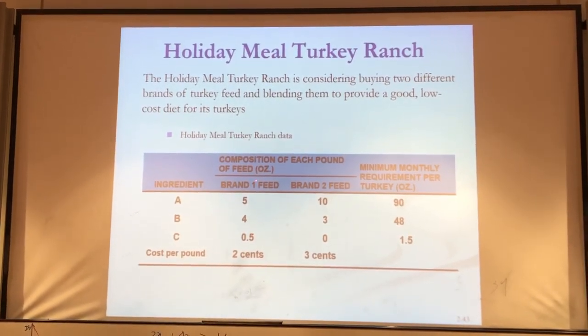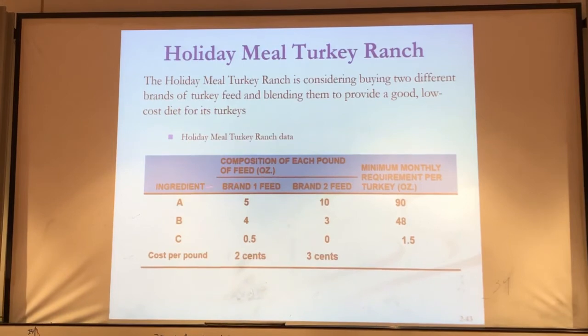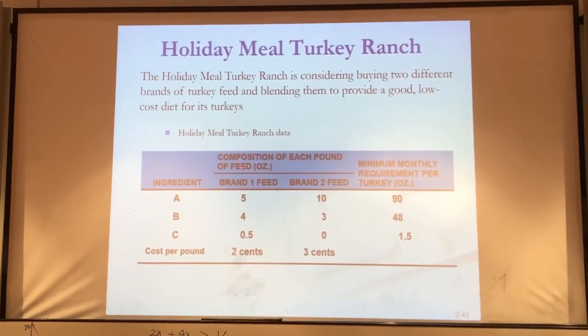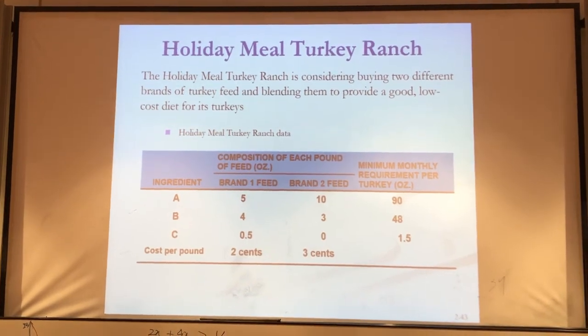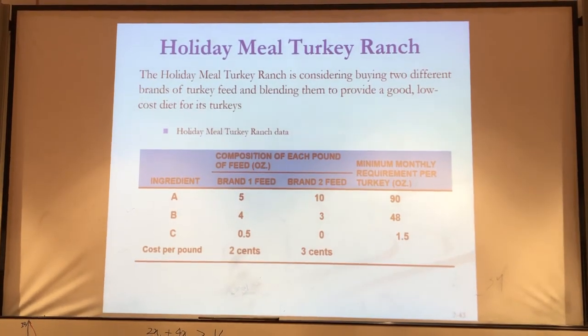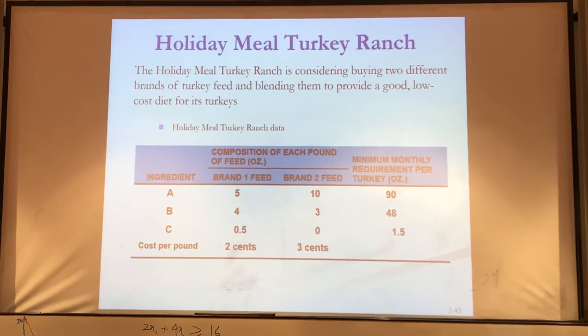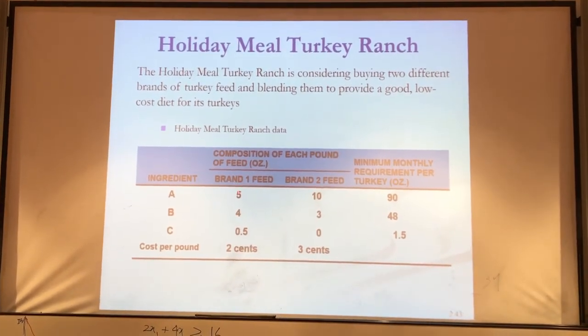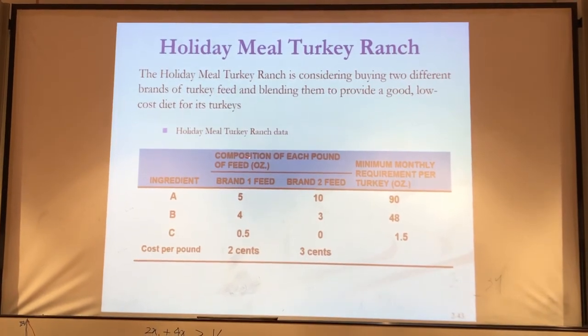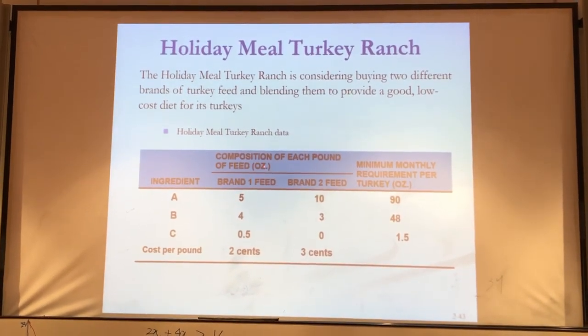It's a diet problem. We have two brands here, brand 1, in which these ingredients are there, and these ingredients should be present in these brands. This is the composition of each pound of feed in ounces.